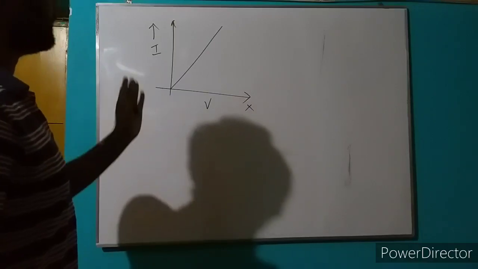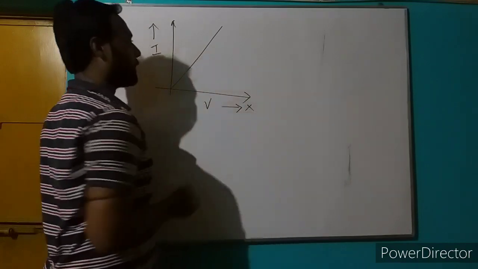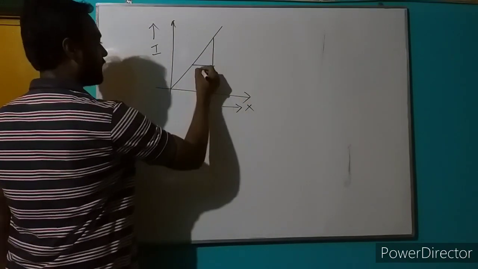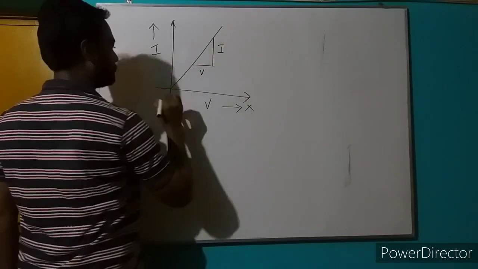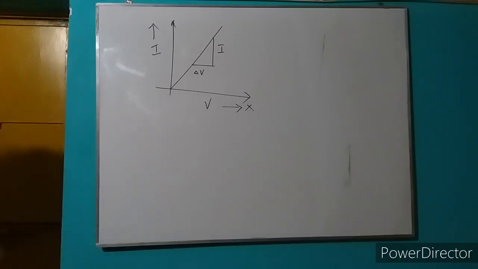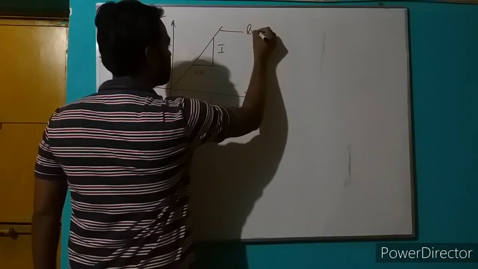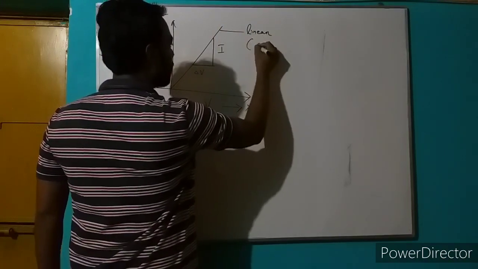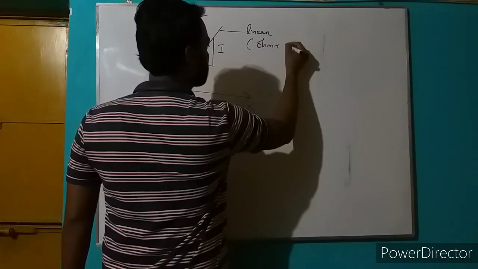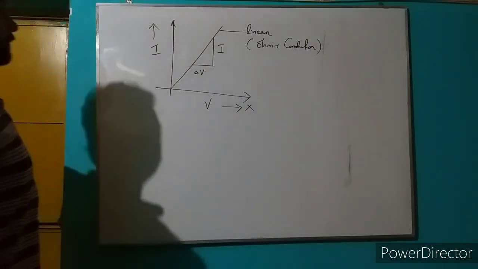That's why a linear graph is obtained between voltage and current. That is V and that is I, the change in potential. Clear? The graph is linear, for an ohmic conductor.